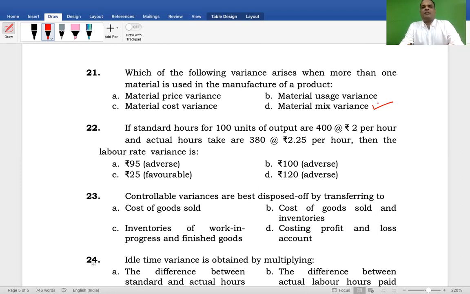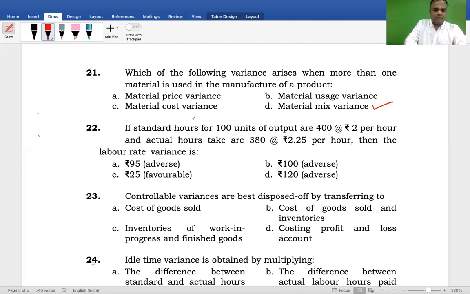What is the formula for rate variance? Material cost variance can be classified into price and usage, and labor cost variance can be classified into rate and efficiency. 1 minus 2, 1 minus 3, 3 minus 2. 3 minus 2 is the formula. Am I right or not? Yes, sir.